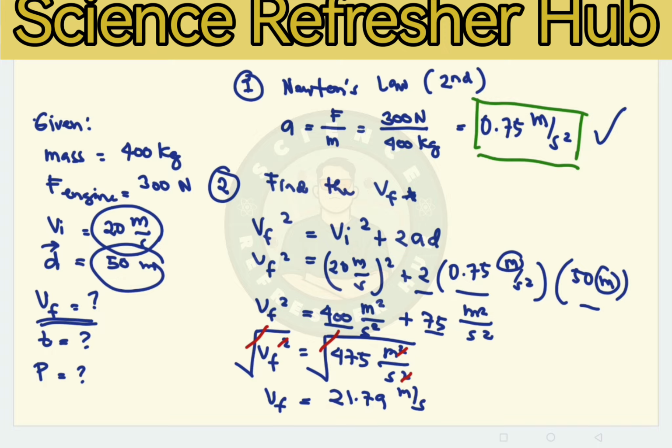But according to the problem, we need to just get the magnitude of it, so the positive value will do. So this is our final velocity using the kinematic equation. We use the second law first to get the acceleration, and then to get the VF, we use this formula.